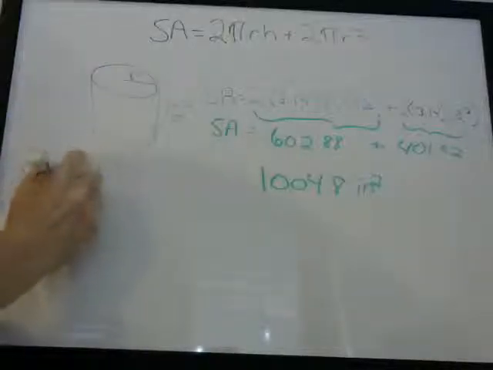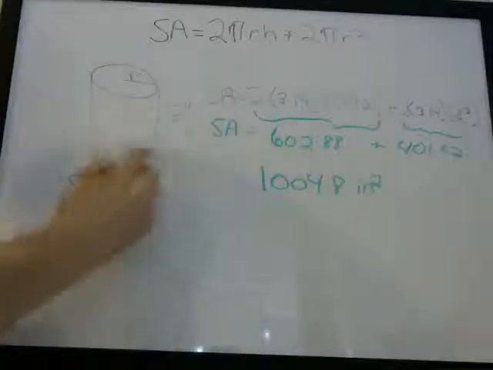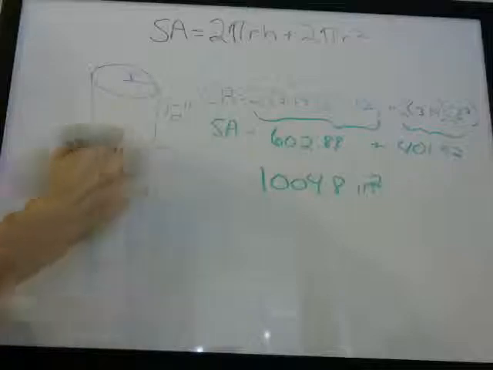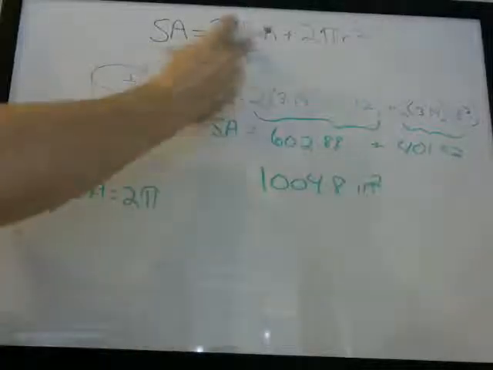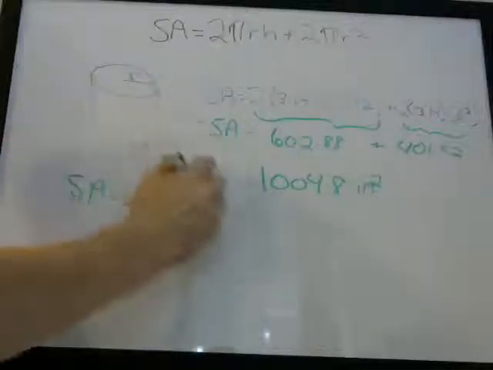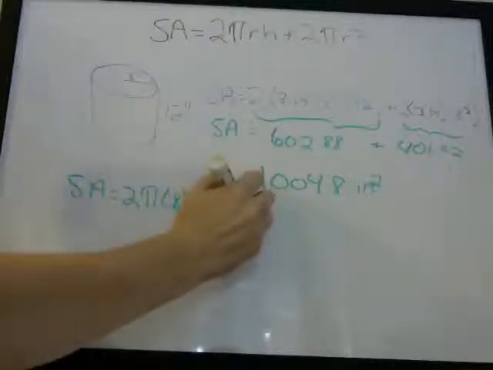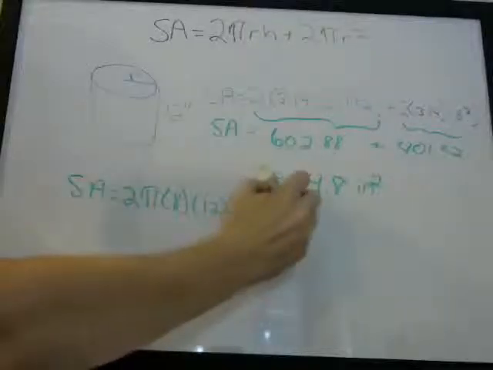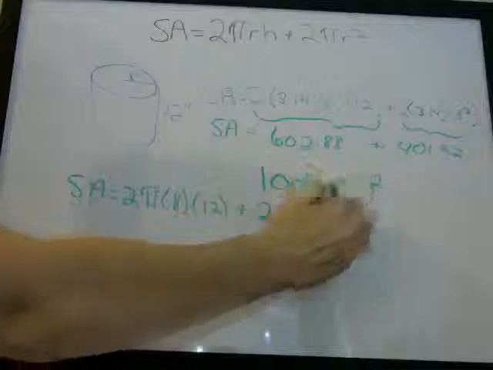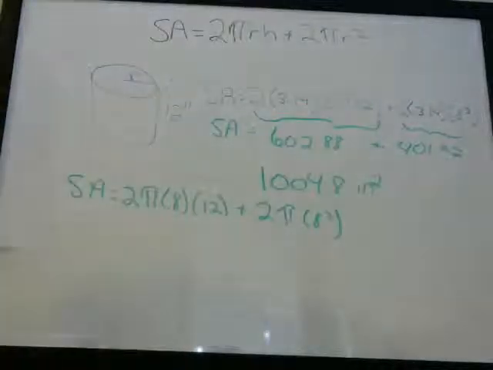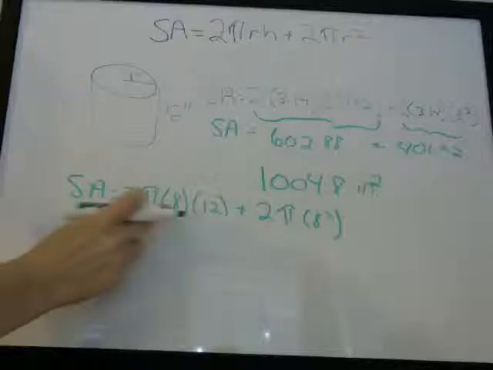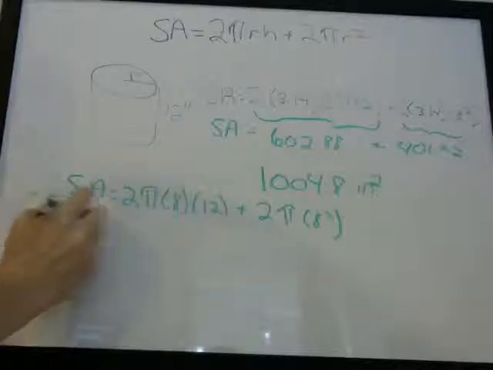So surface area equals 2 times pi, but instead of multiplying out, we're just going to leave pi there, times the radius, which is 8, times the height, which is 12, plus 2 times pi times the radius squared, which is 8 squared. So here we just multiply the numbers, but we don't multiply pi. So 2 times 8 times 12.